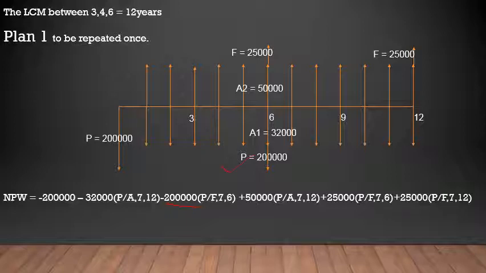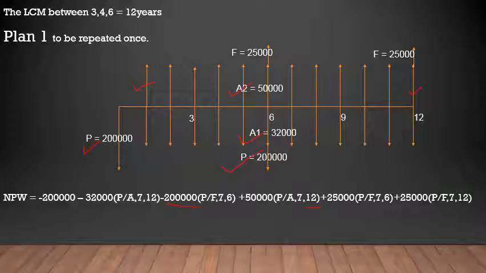So this is over, this is over, this is over. All the costs are over. Now let us come to the benefits. First 50,000, that is also flowing from the first year till the 12th year. So P by A comma 7 comma 12 can be directly taken. So this 50,000 is over.